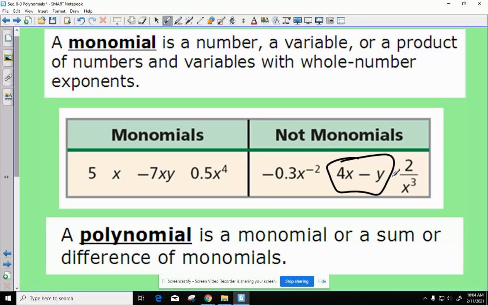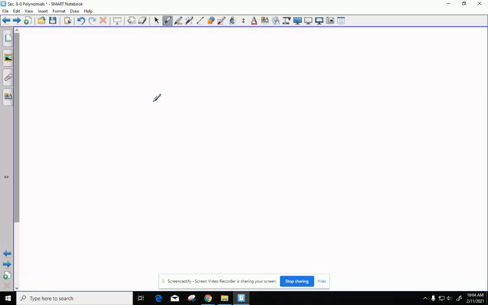Okay? So if we just have one term or one part, so maybe it looks something like this, 5xy squared. That is a number, a letter, or the product of those two together. That's still just one. That's a monomial. The moment I add in an addition or a subtraction sign and I put a second term down, no matter what it is, as long as it's a number, a letter, or the product of them together, that now means I have two of them all together.